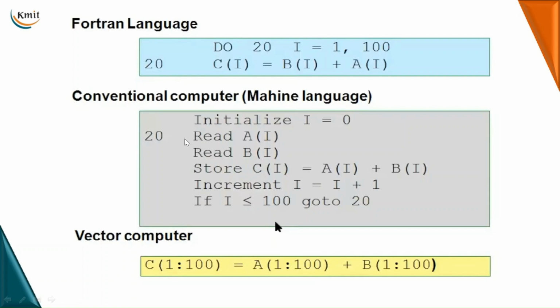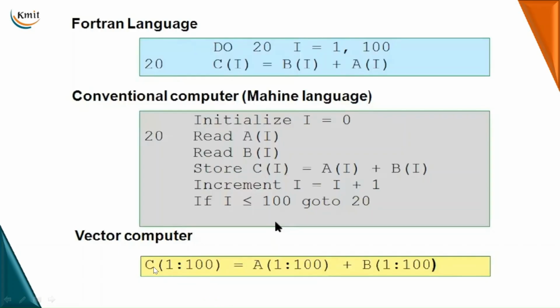So this particular code, which is executed using a conventional computer, can be done in a single instruction in the case of a vector computer. In a vector computer, the operations it performs are multiple, but they are implemented with the help of only one instruction.